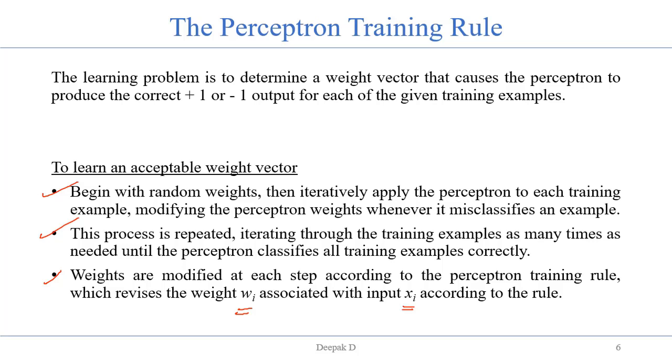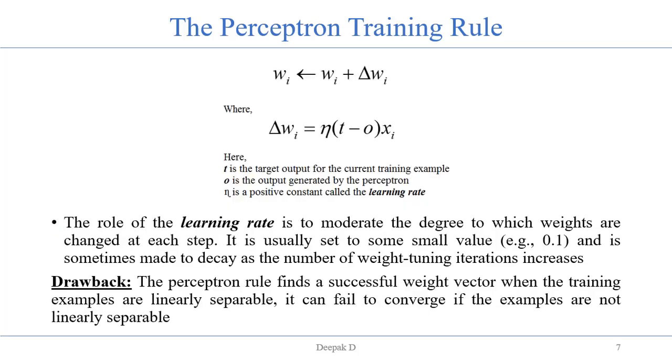Let's see what the rule is. Wi = Wi + delta Wi, where delta Wi = eta (t - o) xi. Here t is the target output for the current training example, o is the output generated by the perceptron, and eta is a positive constant called the learning rate.